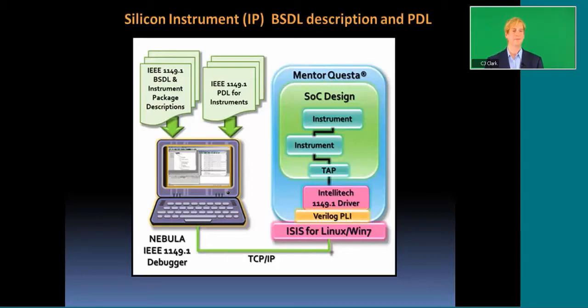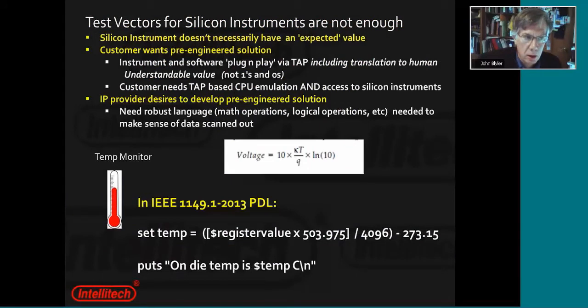There is a standardized language for operating a TAP accessible IP. Why not use test vectors like STIL or core test language? Yeah, sure. Really, test vectors aren't really proficient for the silicon industry. One, they're not reusable, so they don't have the ability to give you hierarchy and reuse. The other problem is that they're not really ready to translate into a human understandable value.